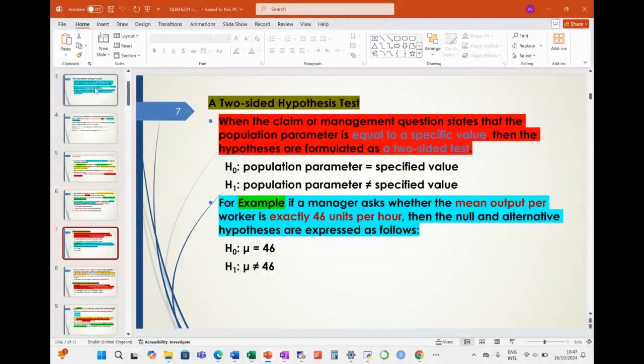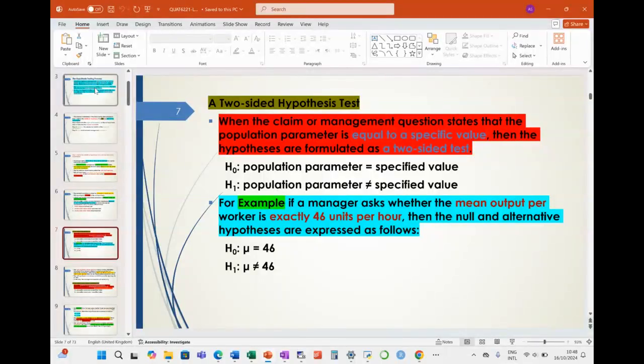They either produce 46 units per hour or they don't. They can either produce more than 46 or they can produce less than 46. Can you see now? You can be on either side of this 46. And this is where we say it's a two-tail test, because you can be either more than or less than, all right? But the assumption that we are testing is, do they produce 46?